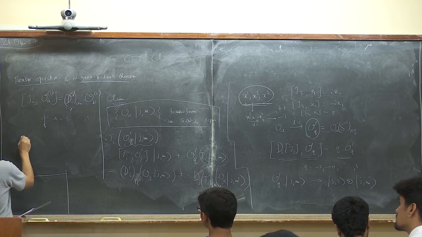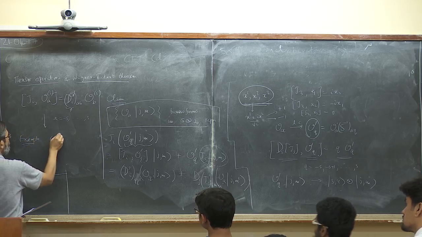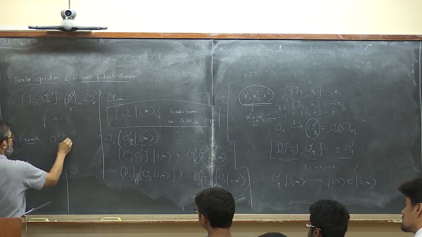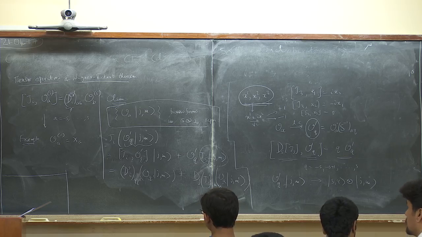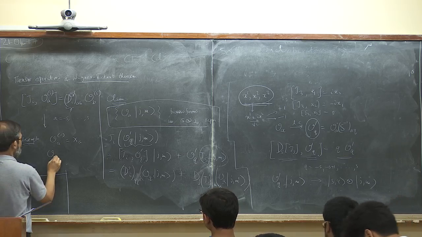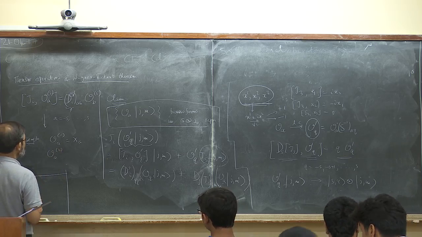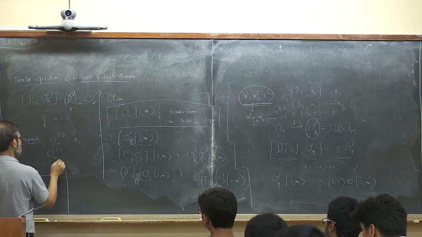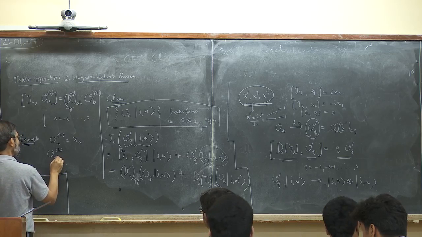So an example is O^1_A is x_A. And O^2_A is, okay, so this A is now a composite label.